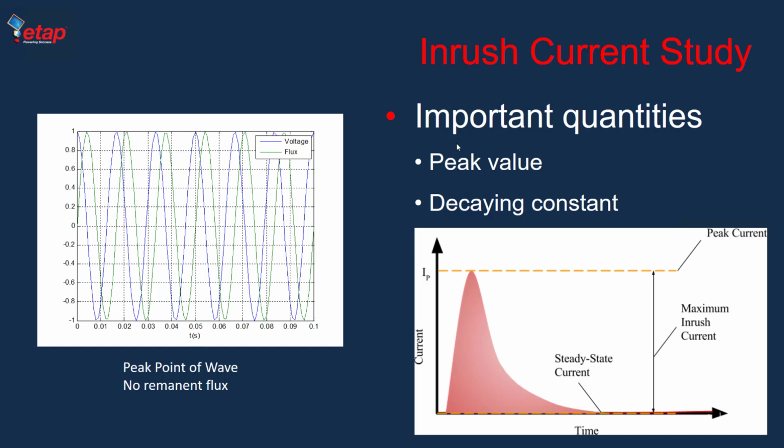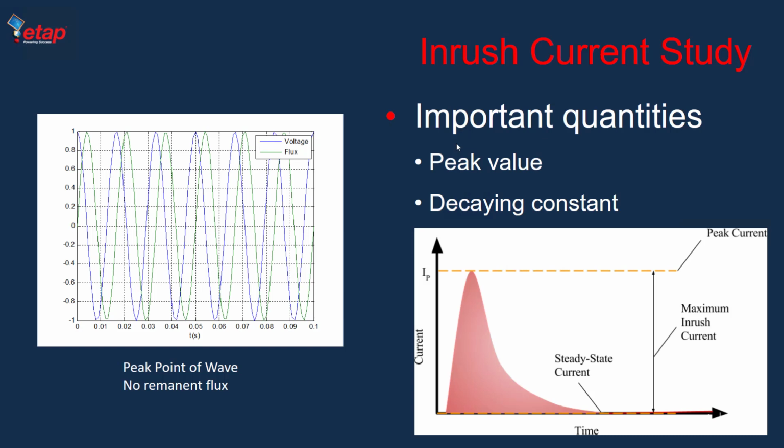And typically doing this study in EMT requires, first of all, that those software packages are expensive. At the same time, it requires quite some expertise to be able to do that. What we provide as an alternative in ETAP is a mechanism to estimate the peak value and also a decaying constant.